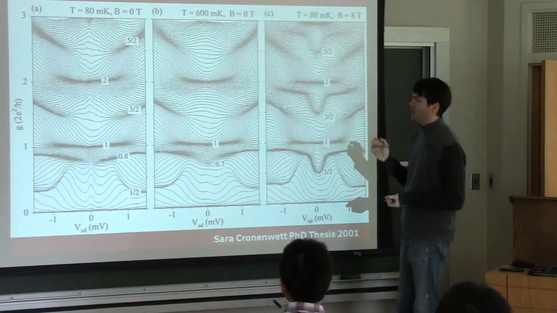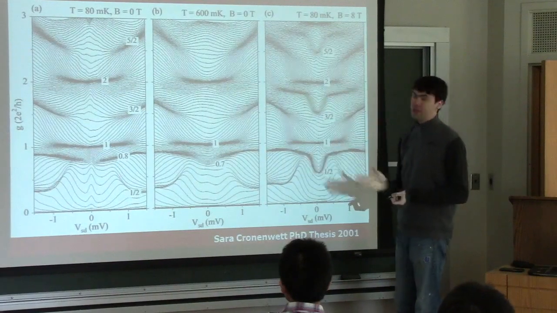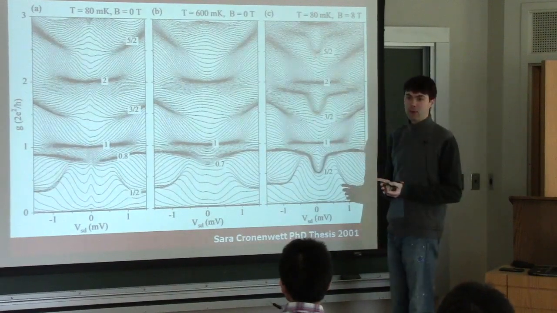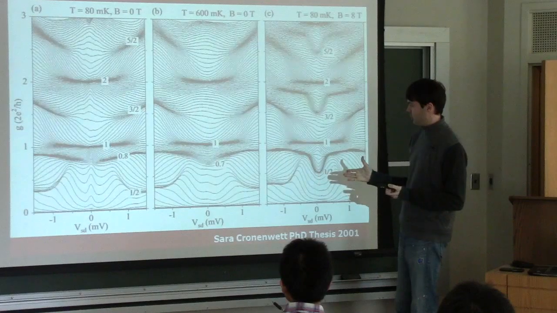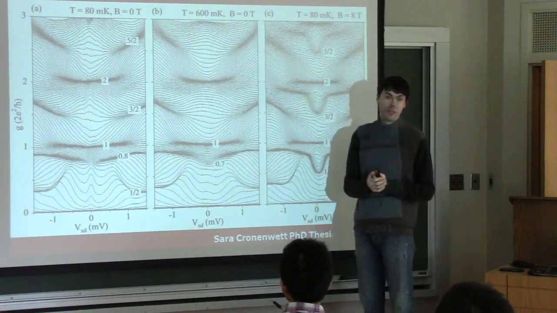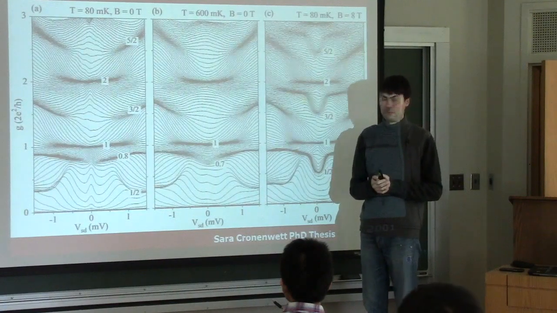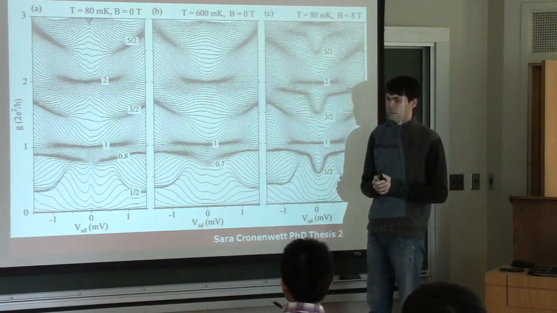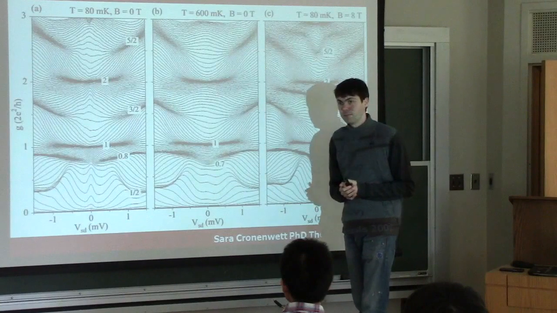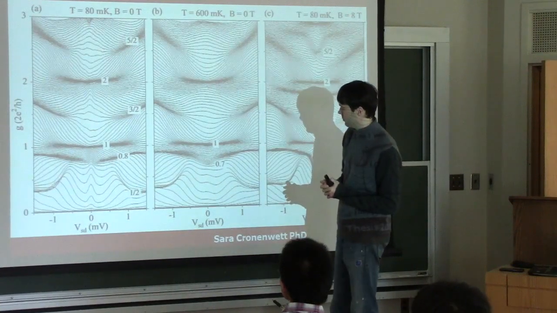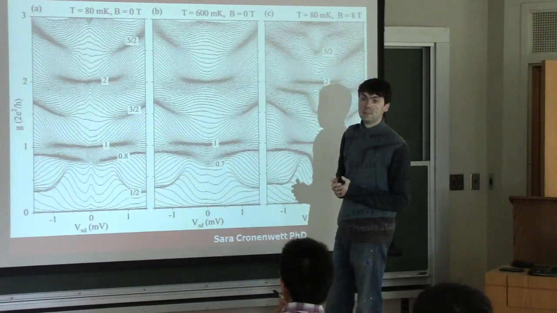Now who can tell me what is the range of applied voltage bias in these curves where we can still talk about linear regime, roughly? Which picture?